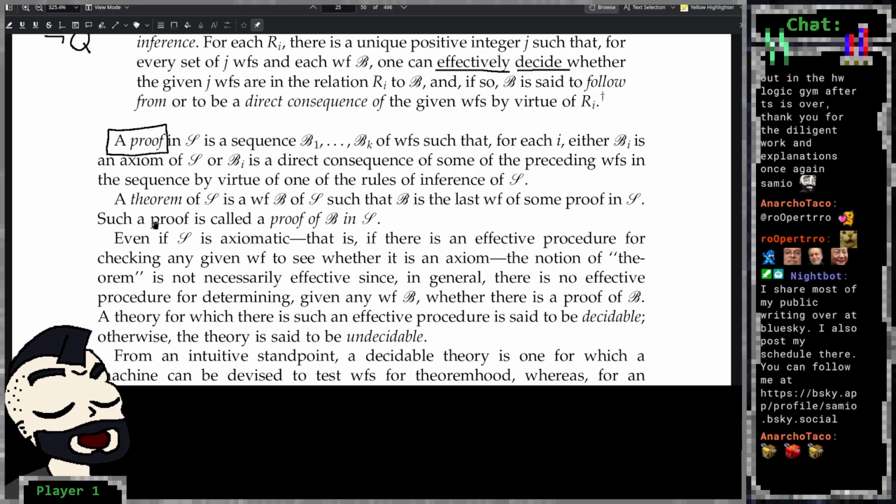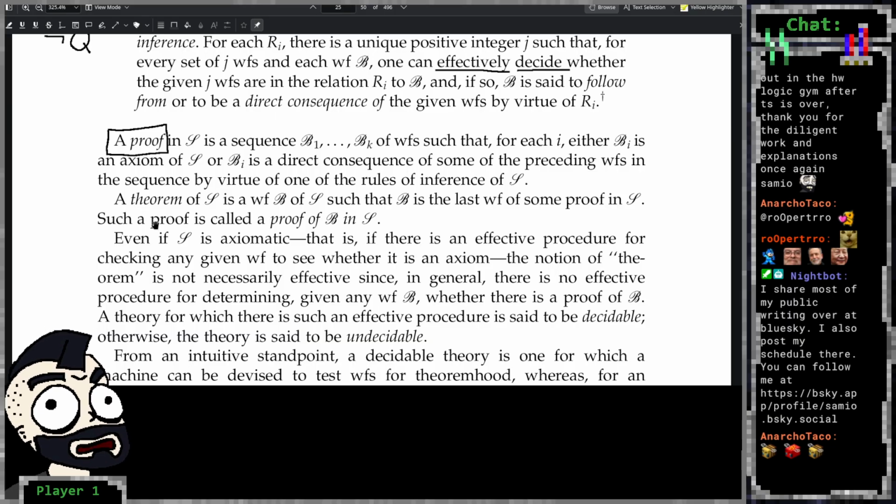A proof in our logical system is a sequence, an ordered sequence where there's a beginning and an end, of well-formed formulas such that for each formula on the way in the sequence, either the formula is an axiom of the system or the formula is a direct consequence of some of the preceding well-formed formulas in the sequence by virtue of one of the rules of inference of the system.